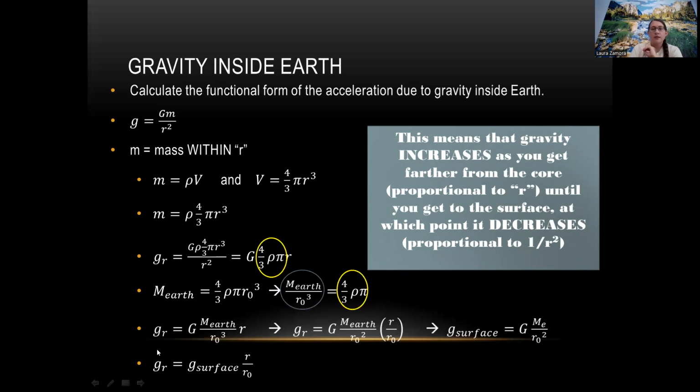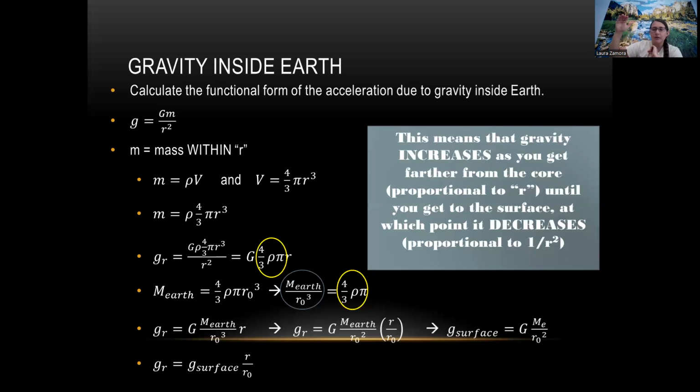And so the acceleration due to gravity is increasing proportionally to that. The force of gravity is increasing proportionally to g, because remember, force of gravity is mass times little g. So as we move that ball farther away from the center, gravity increases proportionally until we get to the surface.